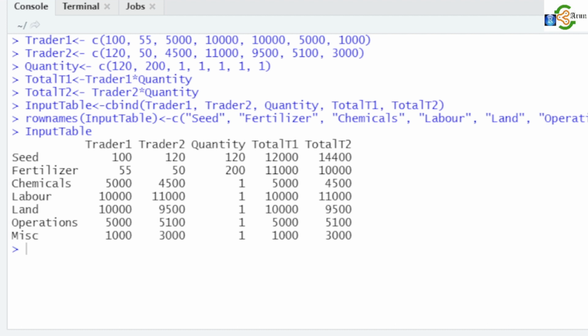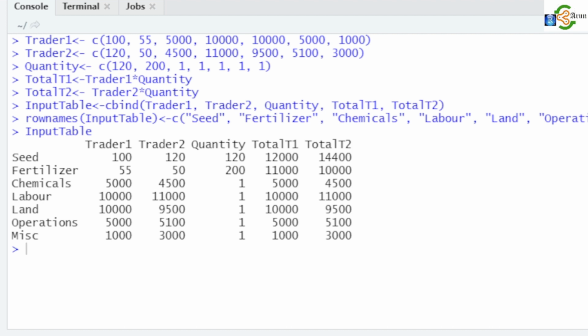Then, you can see here, this is the table for the input purchase. We have two traders, trader 1 and trader 2. You can see here the associated inputs. That's seed, fertilizer, chemical, labor, land, other operations, and miscellaneous. And we can see the cost per unit in the first column for trader 1 and trader 2.